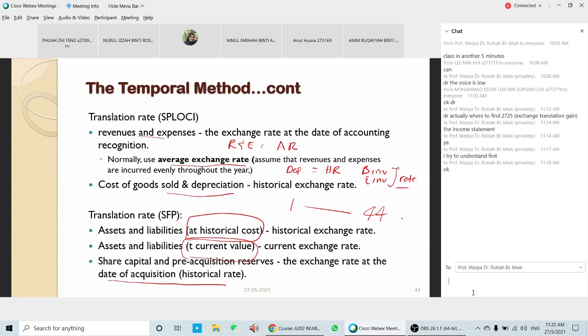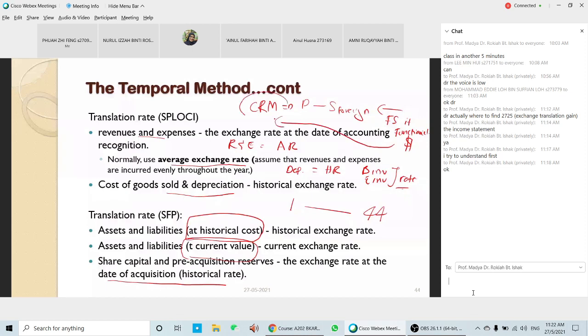Because once a parent has a foreign subsidiary, this subsidiary is going to prepare its financial statements based on its functional currency, which means the currency in which the subsidiary operates. So we're going to translate this financial statement using the closing rate method. So you need to focus on this method.